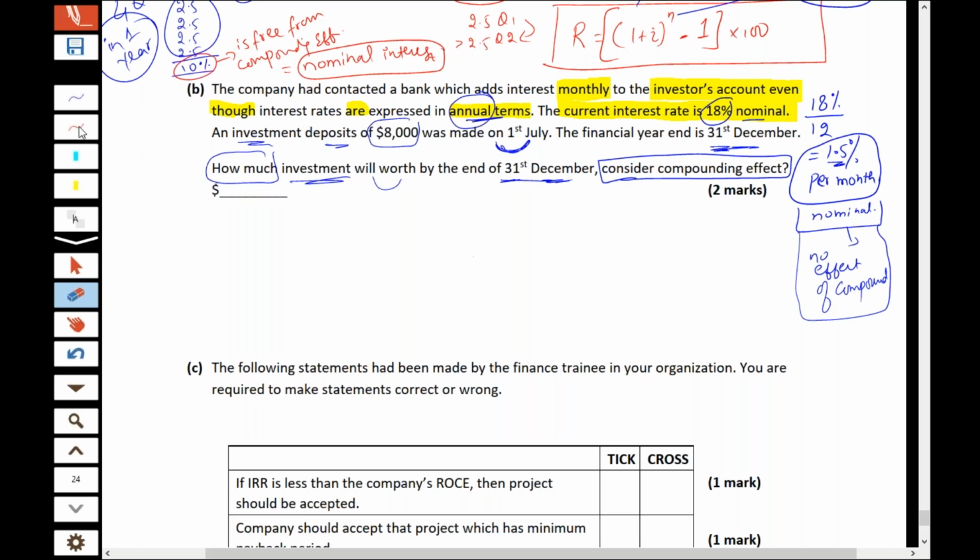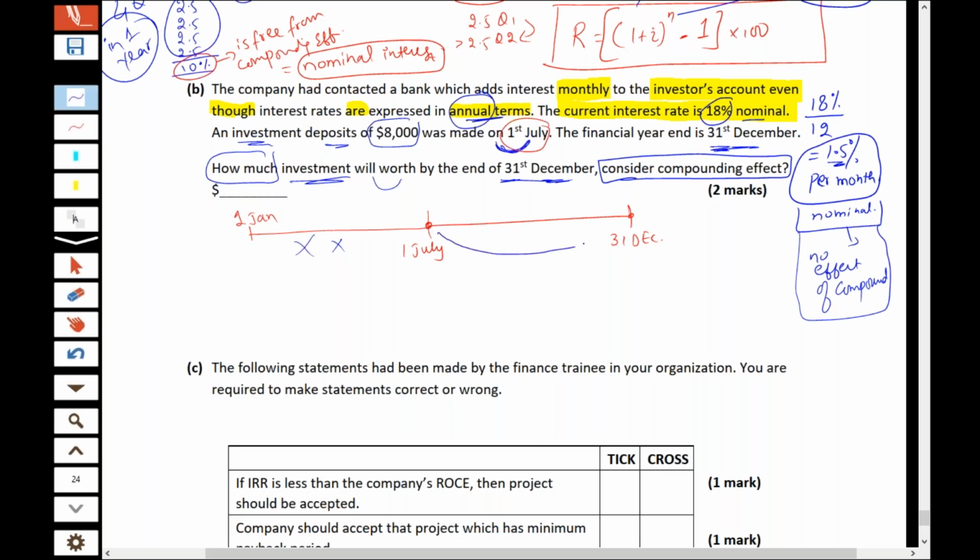See what I'm doing here. It's 1st January, it's 1st July because I have made the investment on 1st July, and here it is 31st December. So this is not my time period.